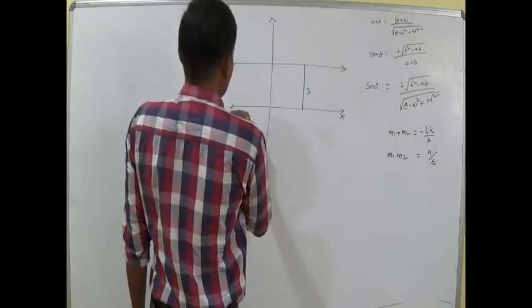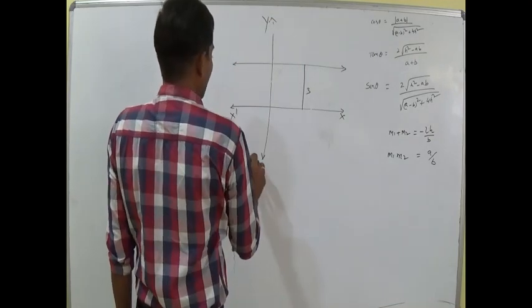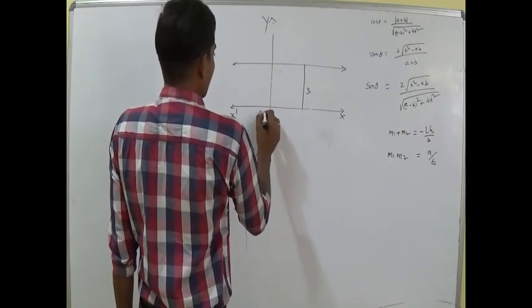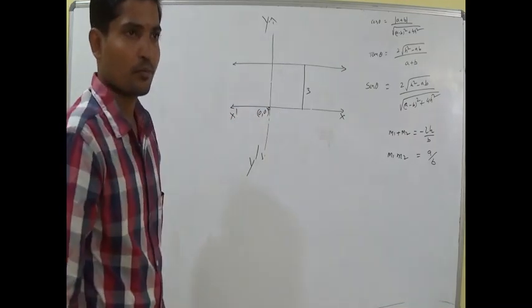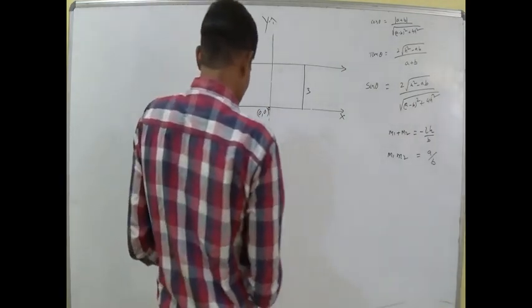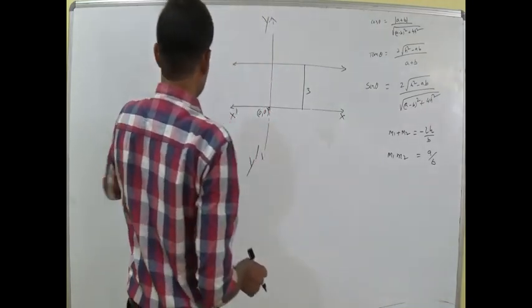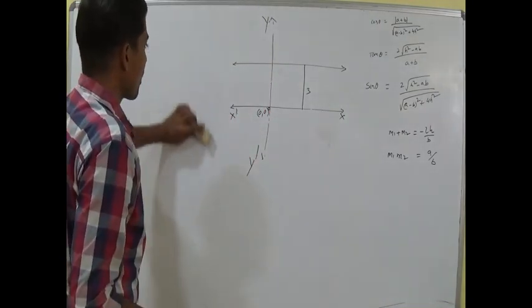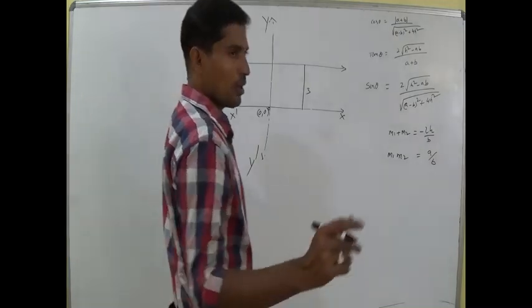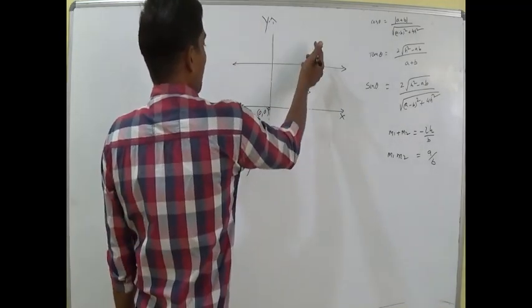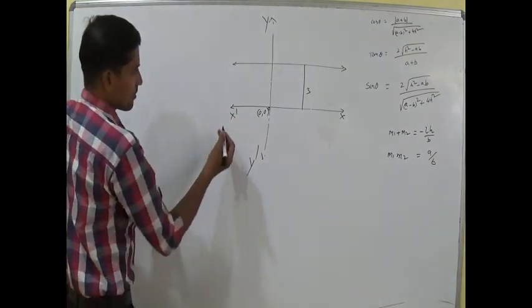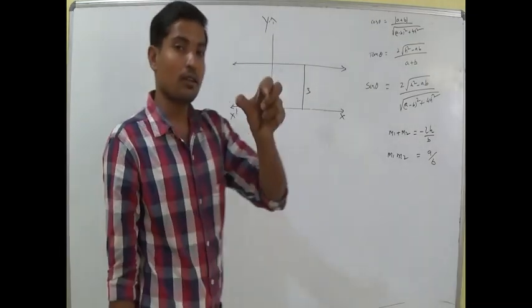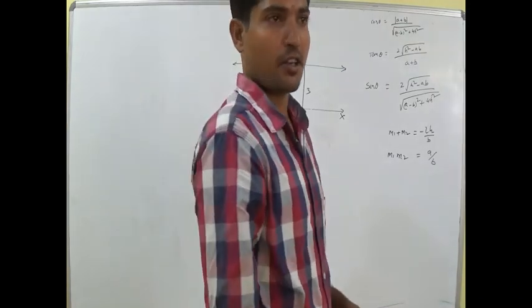This is x dash, y dash, 0 comma 0. This is the origin. Here the line represents a locus because every point on this line satisfies the geometrical condition.